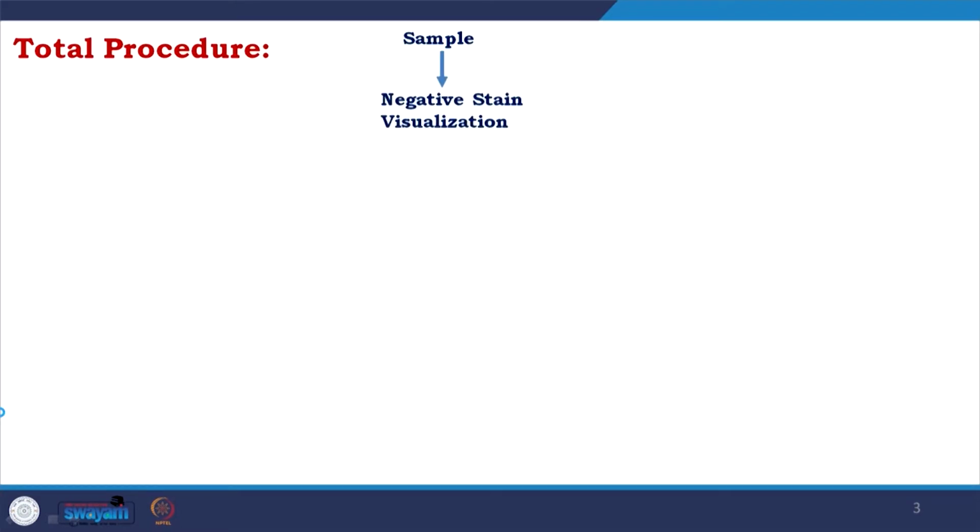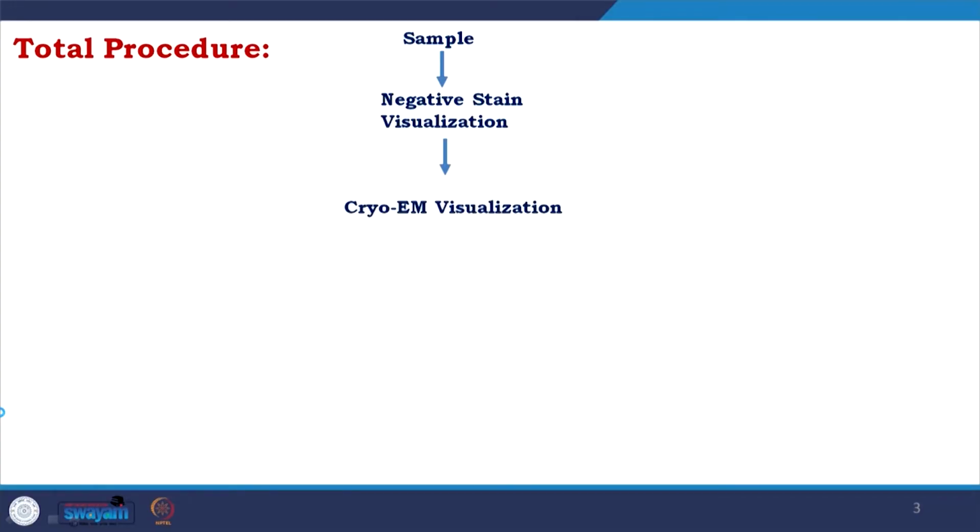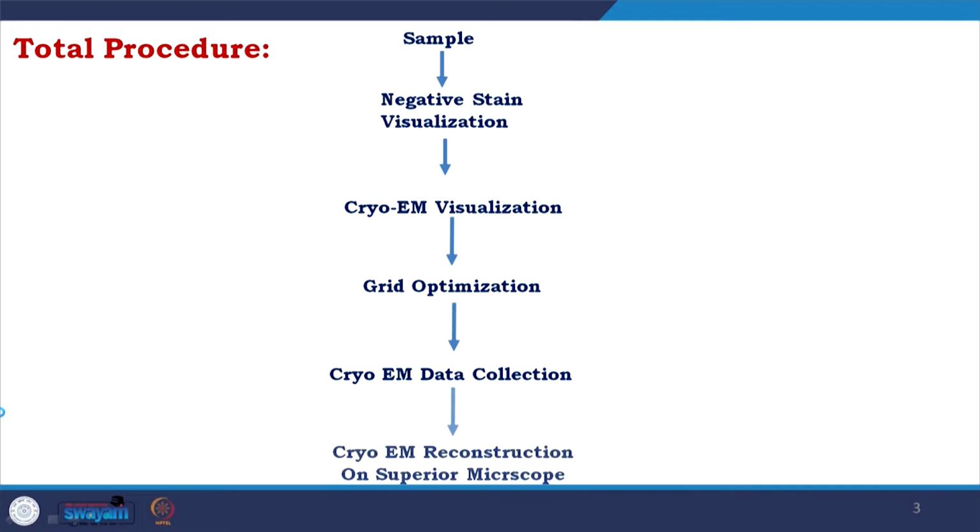If you remember, in the last class I discussed the total procedure. We talked about the sample, how to prepare the sample, how to take care of the sample, then going for negative stain visualization, and then coming to cryo EM visualization, grid optimization, and after that, after grid optimization, you have to come to cryo EM data collection and then cryo EM reconstruction on superior microscopes.